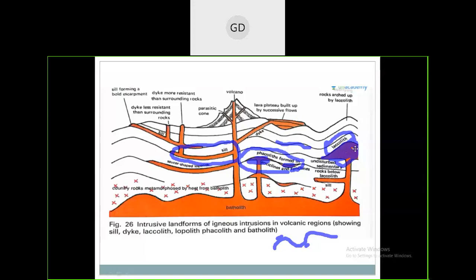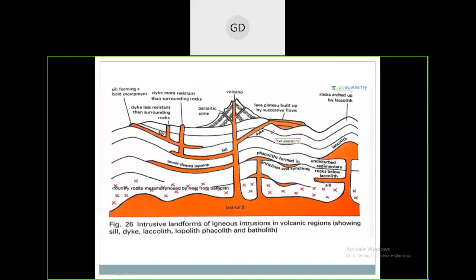But in discordant bodies, wherever the intrusion is across the bedding planes, those are all discordant bodies. So here what you can see are discordant bodies. Let me grab this one.